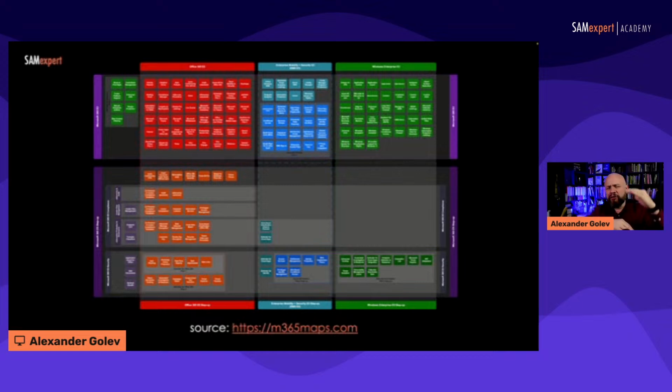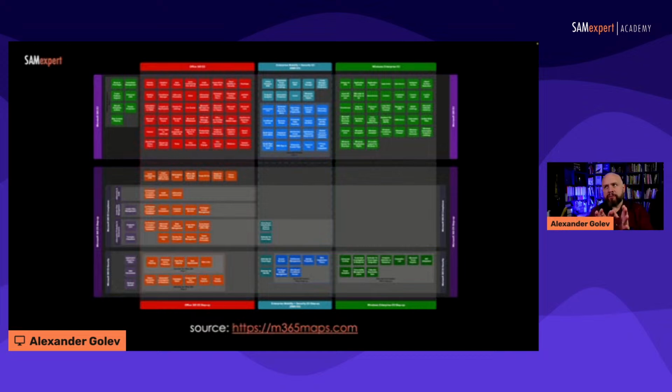It's called E5, and there's lots of stuff inside it, where you can find very detailed diagrams and tables with what's actually included in every single plan. We deliberately decided not to repeat what that fantastic person, what's his name? Let me check. I don't remember. Well, you can check it yourselves.